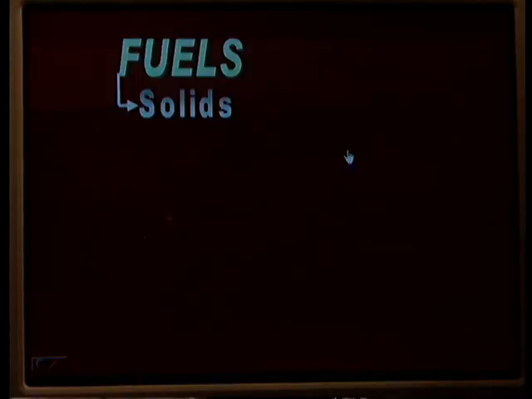Now, let us talk in detail about the solid fuels. In solids, we have two types of solid fuels, that is wood and coal. Wood has got very low calorific value, so it is not generally used for generation.